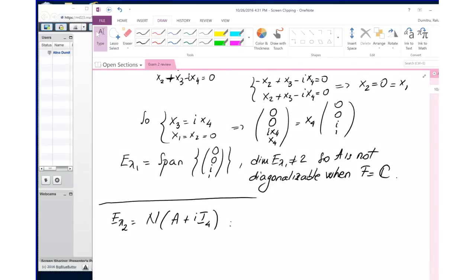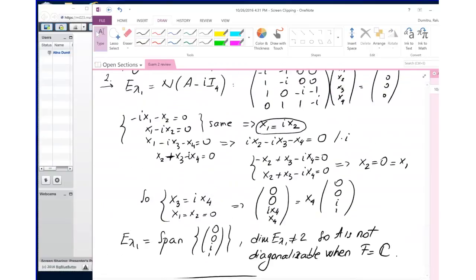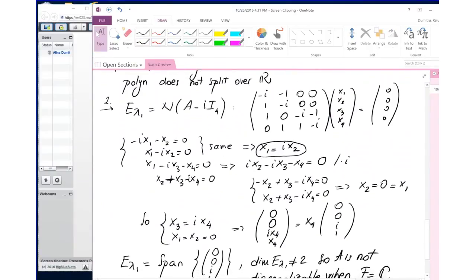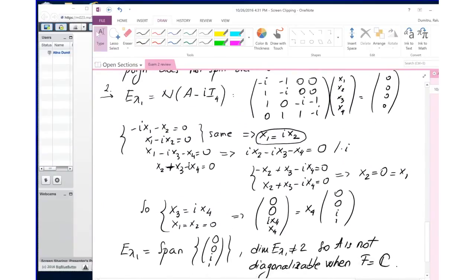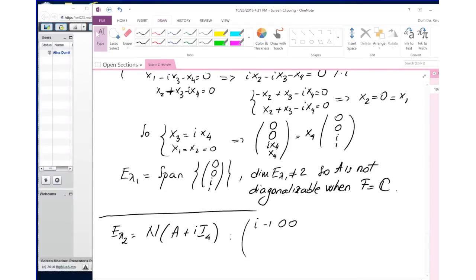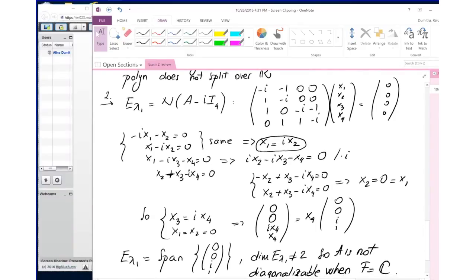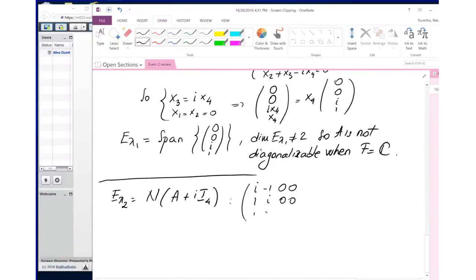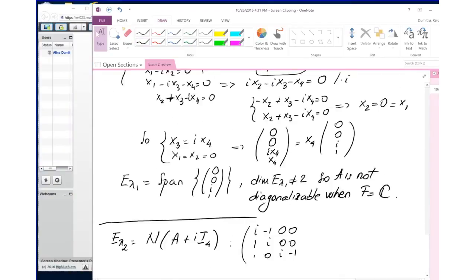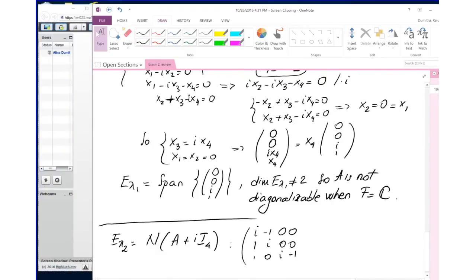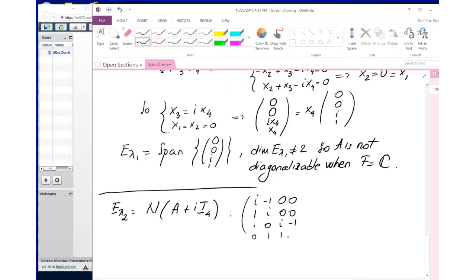So i, negative 1, 0, 0. I hope I'm not wrong, because everything is so symmetric here that I'm starting to have doubts. 1, i, 0, 0. No. 1, 0, i, negative 1. 0, 1, 1, i.